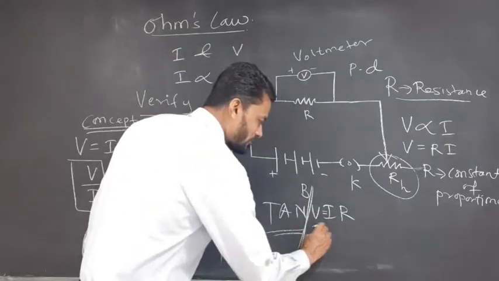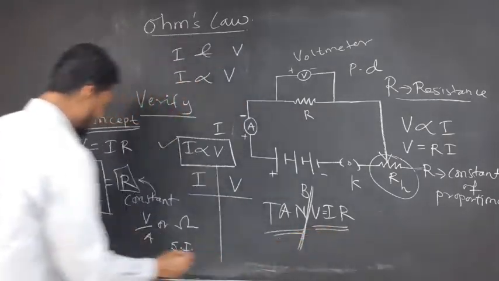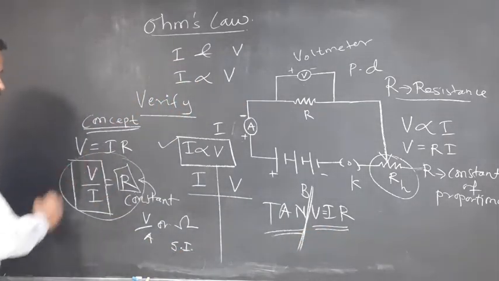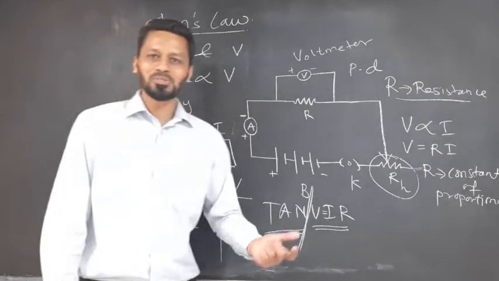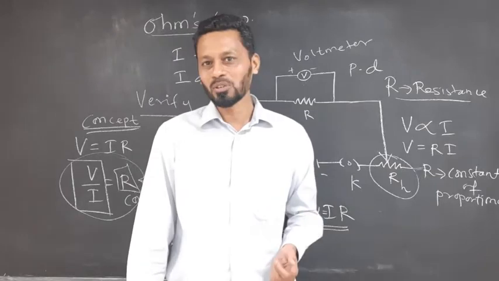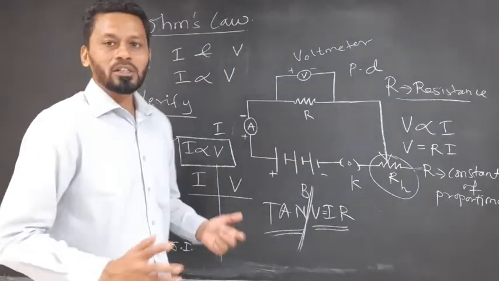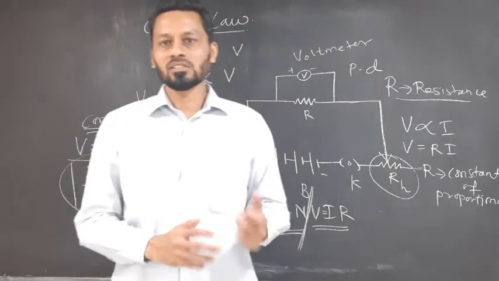That means this V equals IR is nothing else but the concept of resistance we have done so far. So now you know one formula, V equals IR, which will help you a lot. Let's move ahead and see what are the different factors on which this resistance depends.